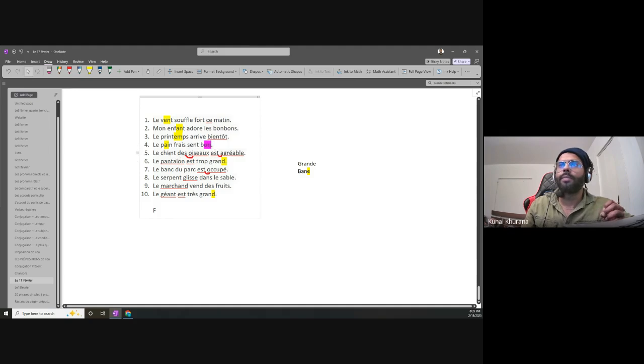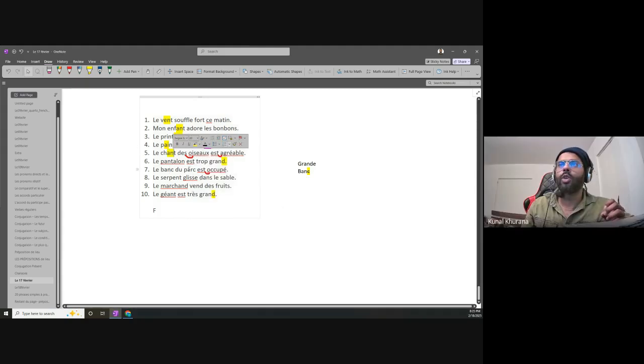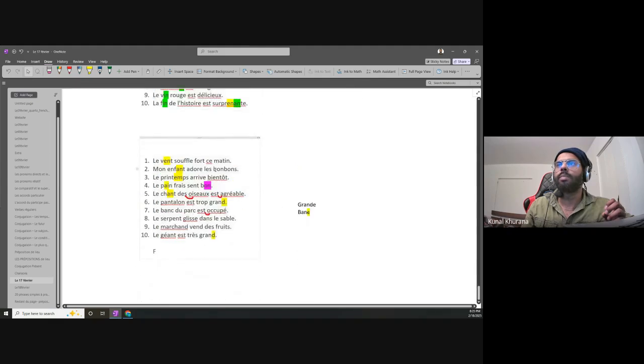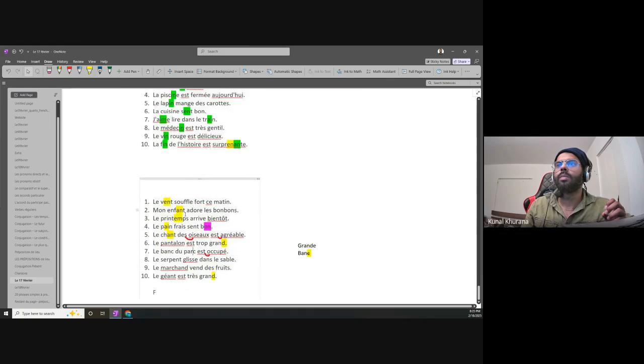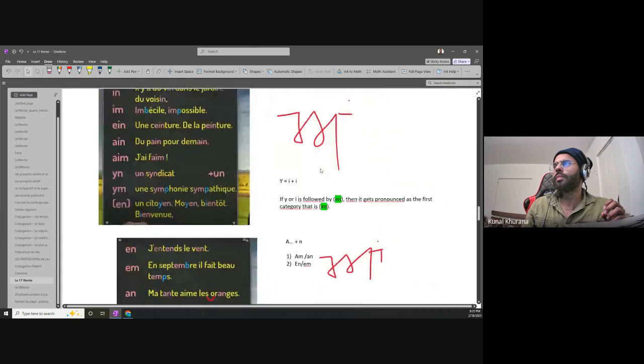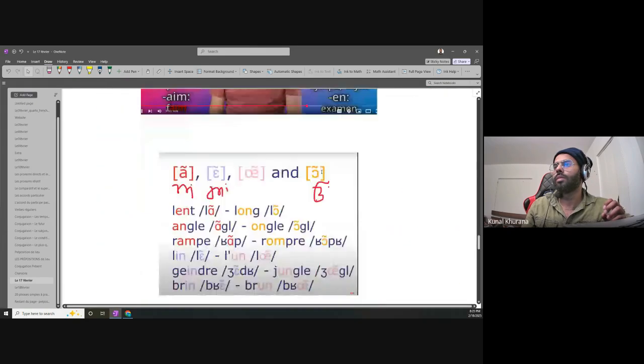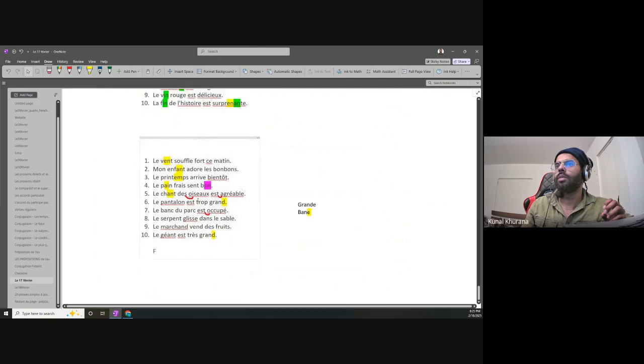La 2e catégorie, j'avais souligné en jaune. Pardon, j'imagine que c'est la 2e catégorie. Je me trompe. Ouais, ça va être la 2e catégorie.